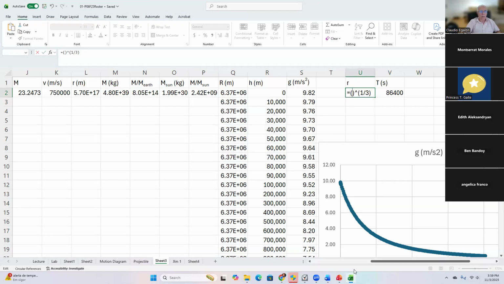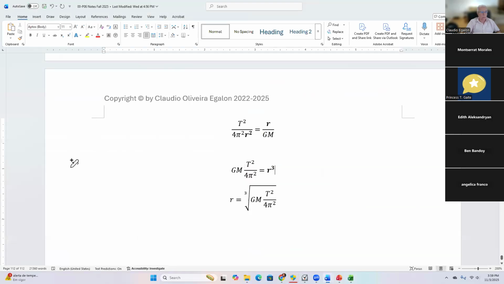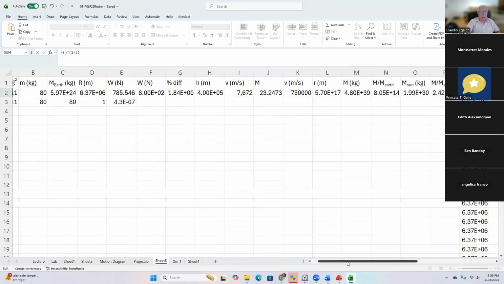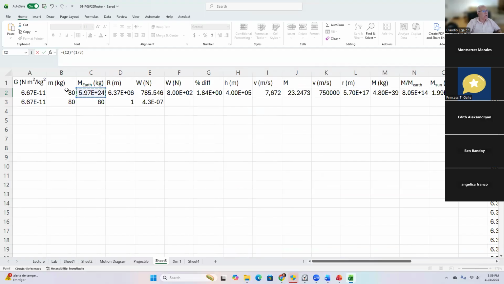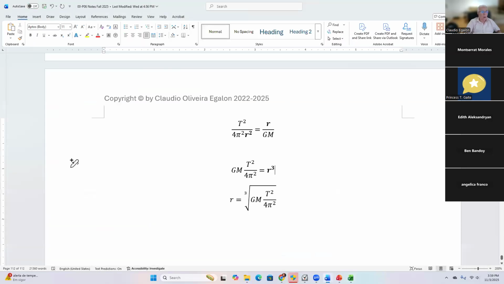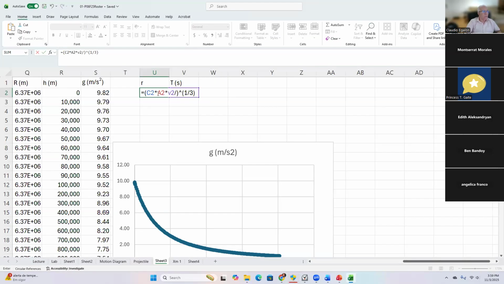Let's go back to the numbers. Big G, big M, right? Big G times big M times period T, that's going to be V2. Oh, it's T squared, by the way. T squared.